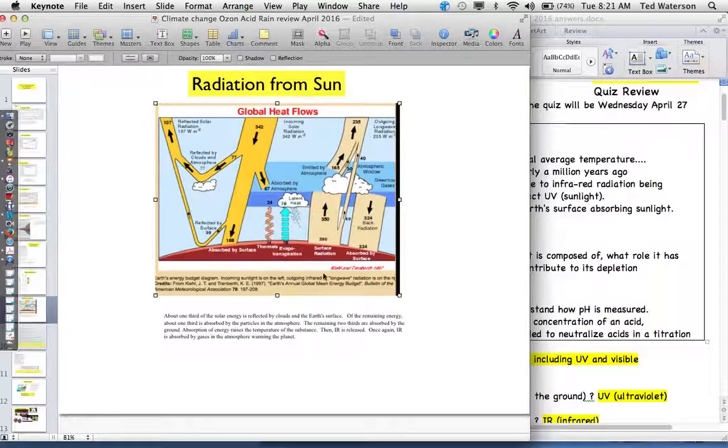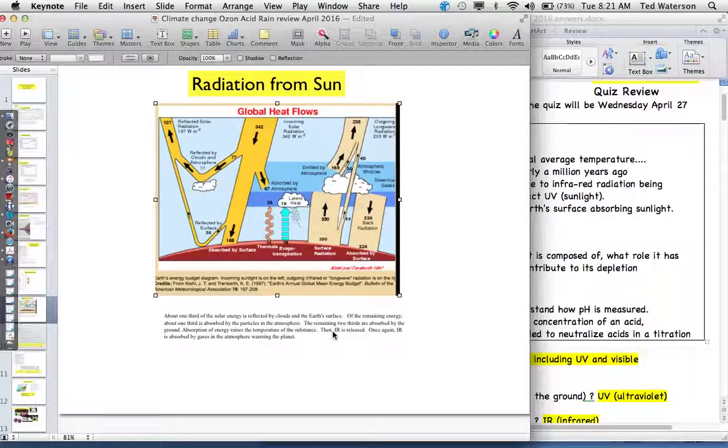Carbon dioxide is good at absorbing infrared. Sulfur dioxide is good at absorbing infrared. Nitrogen dioxide is good at absorbing the infrared. So when we talk about warming of our atmosphere or the greenhouse effect, it's really just the sunlight reflected or re-emitted by the surface as infrared.